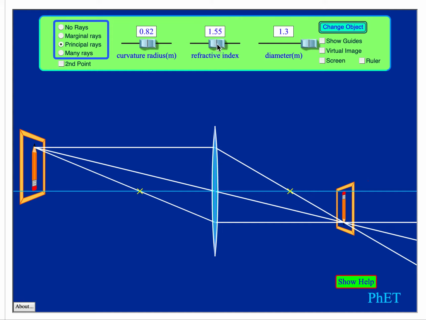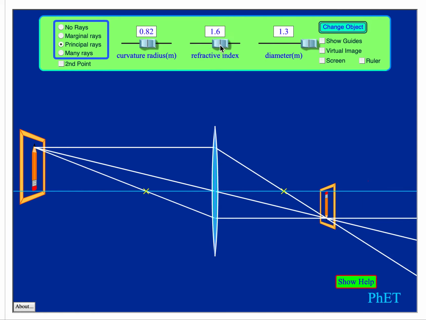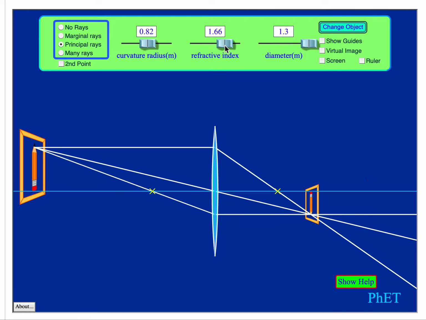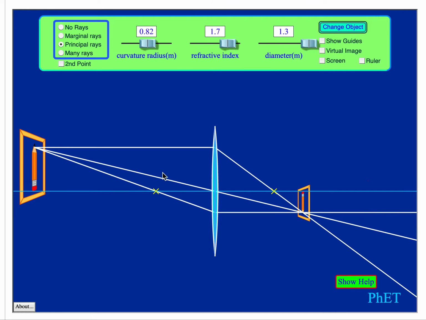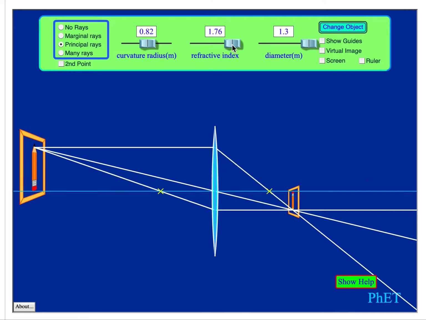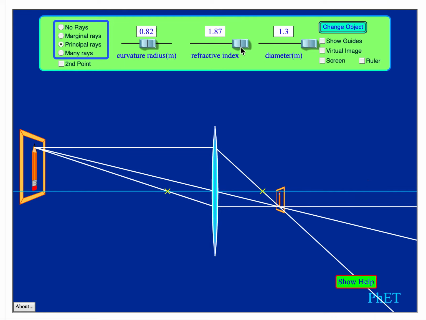So let's see what happens again to this focal point on either side of the lens as I increase the index of refraction while keeping the radius of curvature constant. As I'm increasing the index of refraction, the focal point is moving closer to the lens.